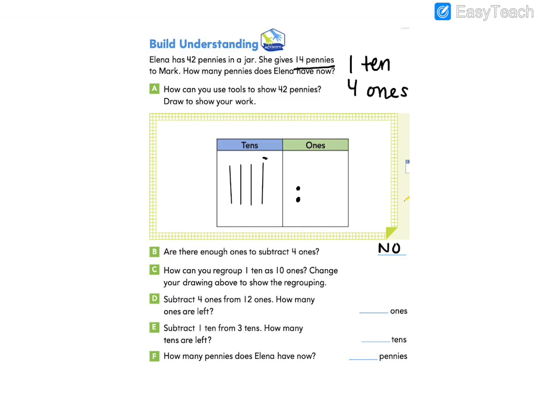If I were to take this 10 and regroup it into ones, how many ones is equal to 1 ten? There are 10 ones. So I would draw my 10 ones over here.